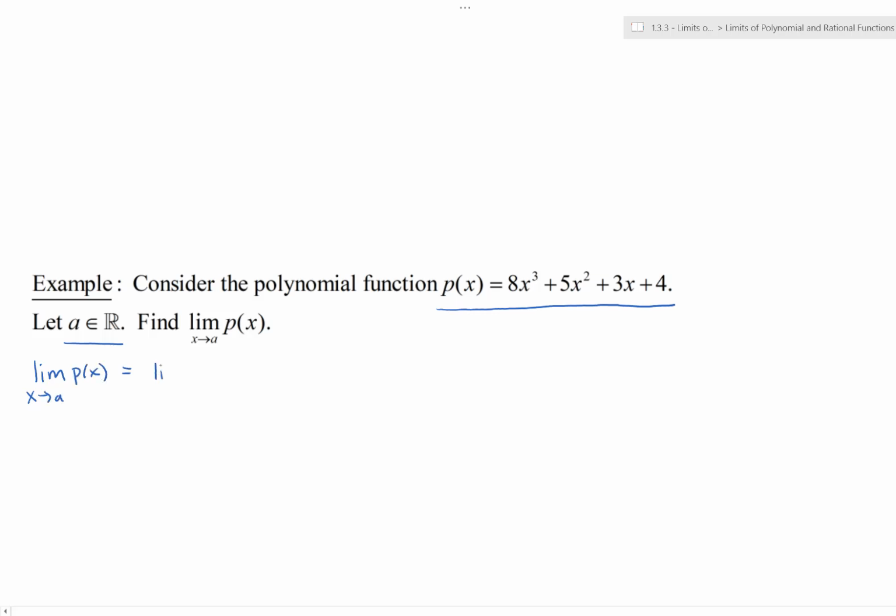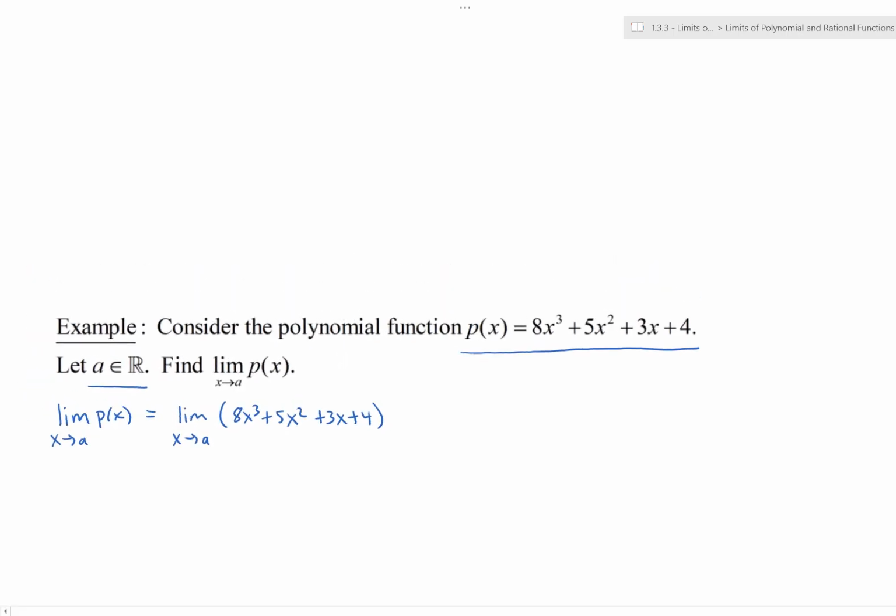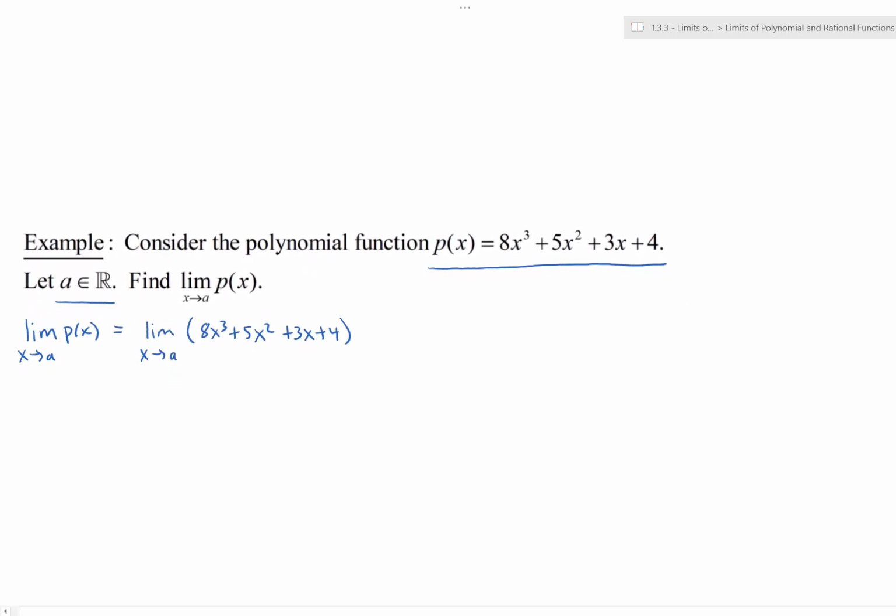Well, that's the limit as x goes to a of the function 8x cubed plus 5x squared plus 3x plus 4. Now, we have our limit laws. In this case, we have a sum of monomials being added together, which allows us to use the sum law.